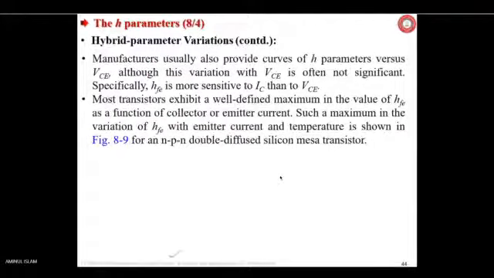The manufacturer also gives the H parameter variation with VCE, but it is less significant compared to IC. Variation of H parameters with change of IC, collector current, and temperature is more sensitive compared to VCE.